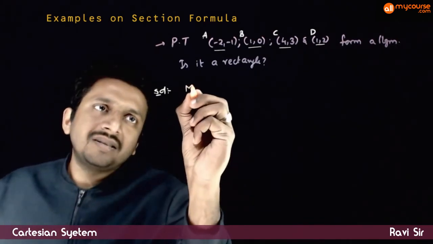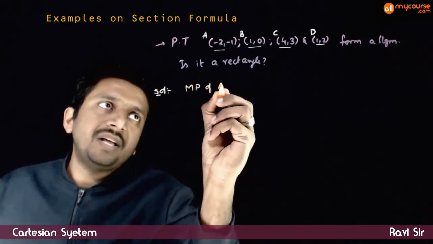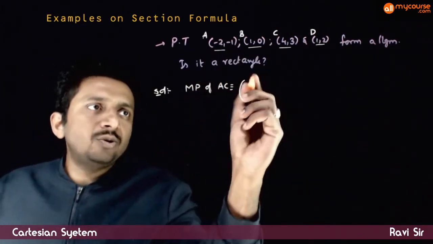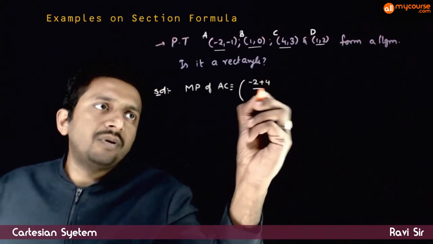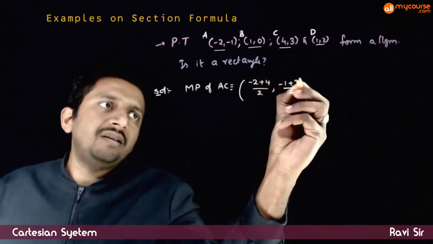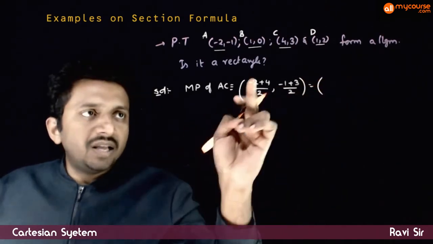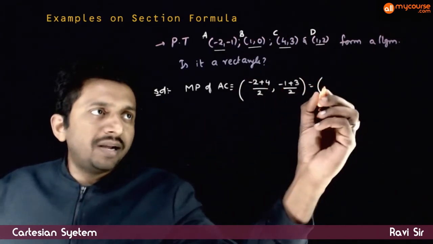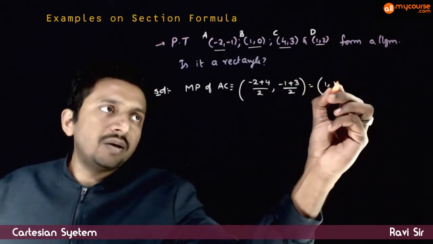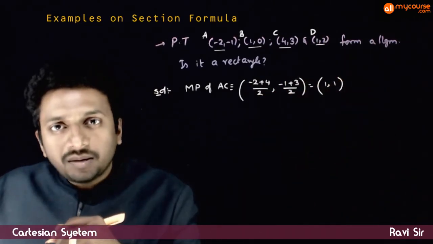So what is the midpoint of AC? The midpoint of AC is (-2 plus 4)/2, (-1 plus 3)/2. That is equal to -2 plus 4 is 2, by 2 is 1. -1 plus 3 is 2, by 2 is 1. 1 comma 1.